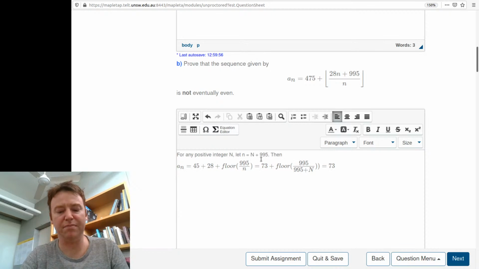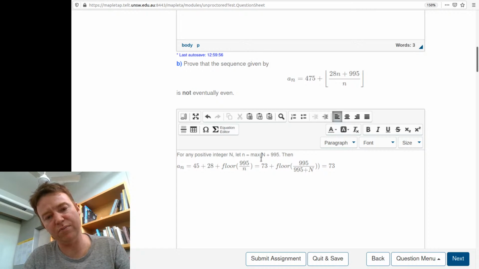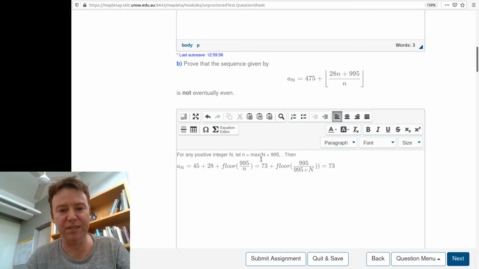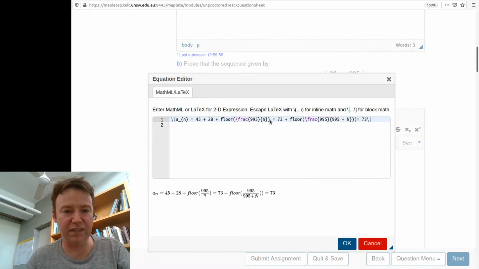And maybe I'll say it's max, because technically n could be negative, although I don't think they intend it to be negative. And I'm going to make it 996 just in case n is 0, whichever's biggest. That's going to be 996. Got too many brackets there. Ding.